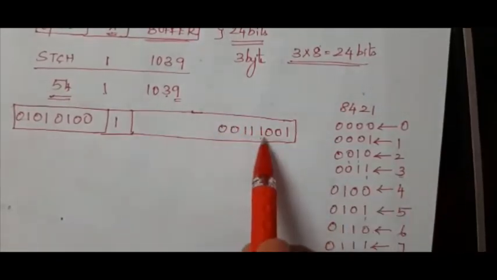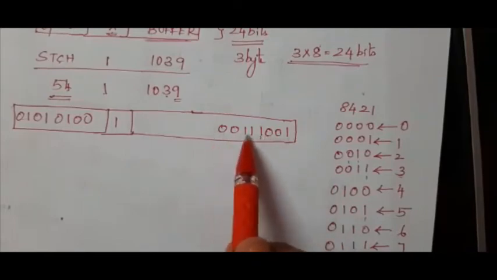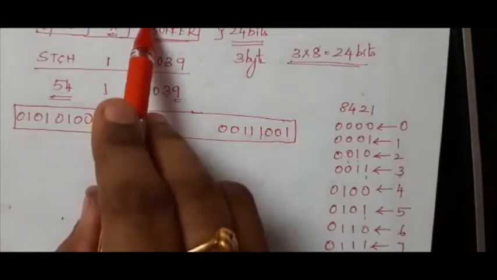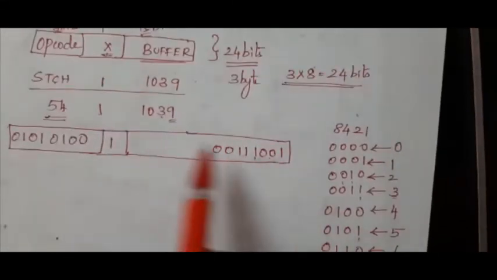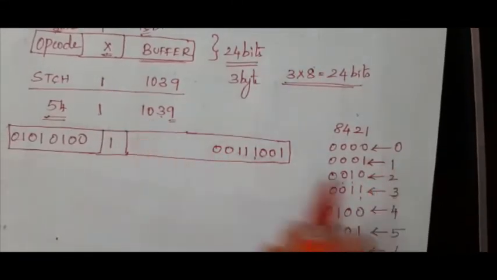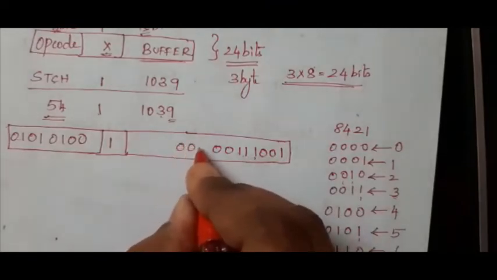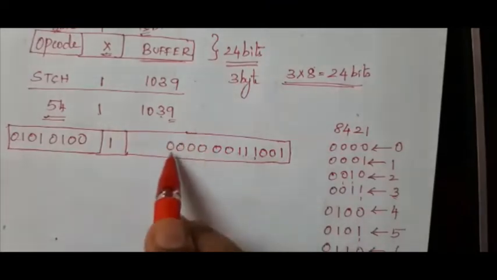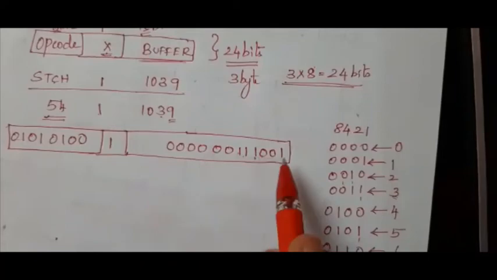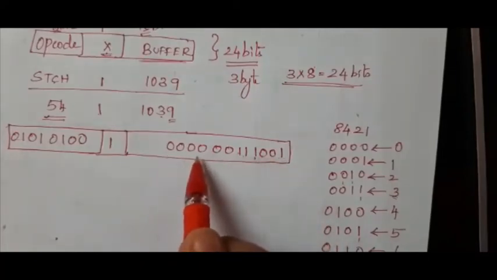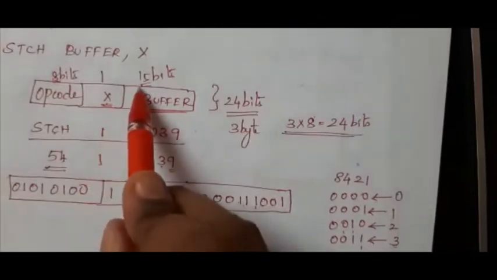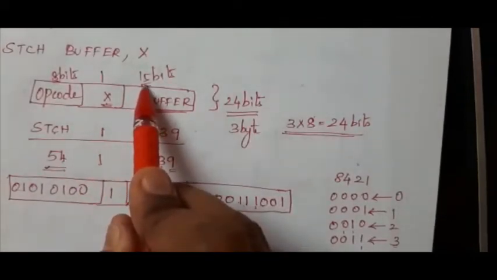So totally that is 4, 8 bits. We have to occupy 15 bits only. So we have written 9, we have written 3, and the next one is 0. So 4, 8, 12. Only 3 bits have to be added for 15 bits.